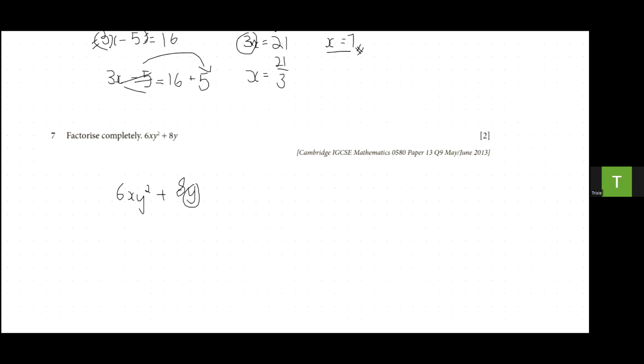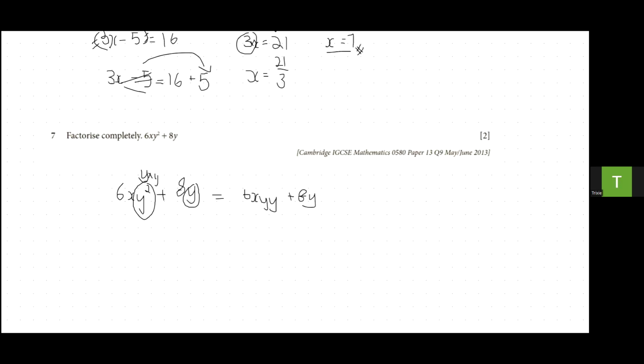So when we take it out, it will still have y because this is 1 times y. And then this one also equals to 6xy times y plus 8y. And this could be easier for understanding.